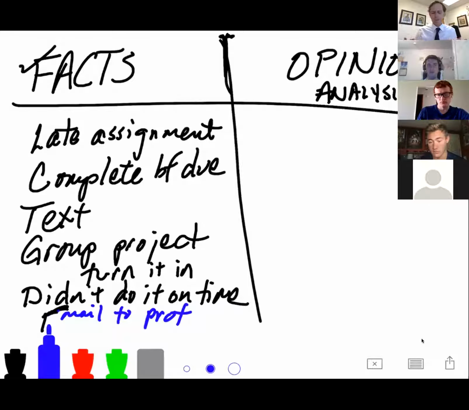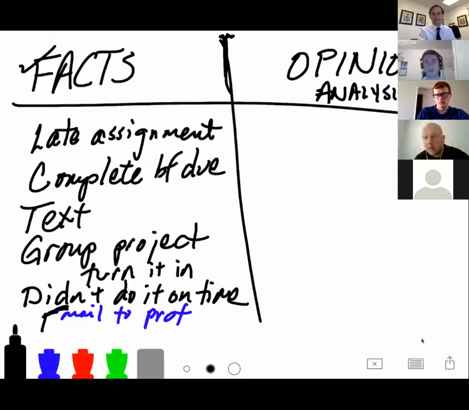What's your opinion on what she did? What's your analysis of this, and how do you go about piecing this together in your own mind? So let's go to the second column now. Any thoughts on this? Anybody want to give just one or two words about what she did?